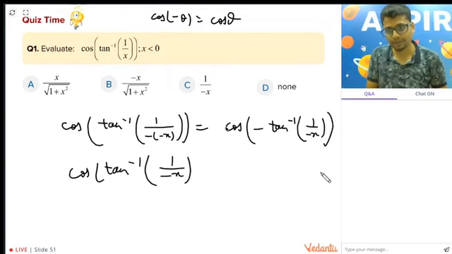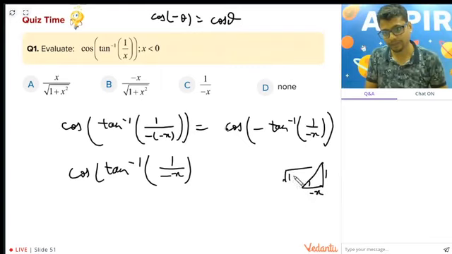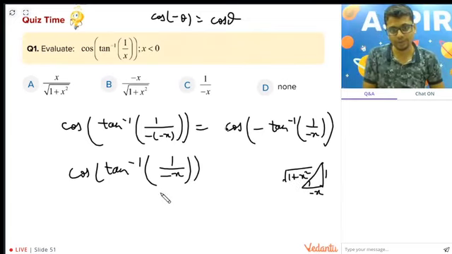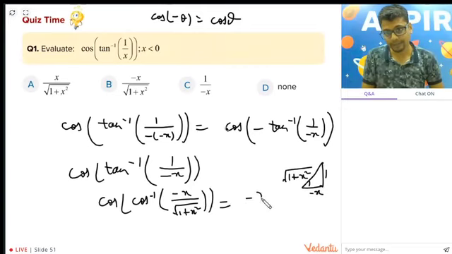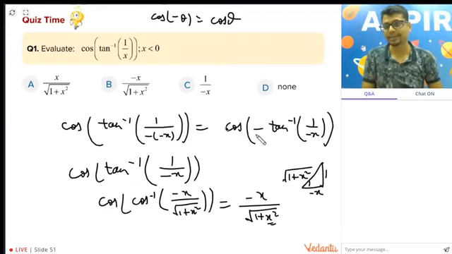Now this is like this: 1 is perpendicular, minus x is base. So hypotenuse is under root 1 plus (minus x) whole square, so it is under root 1 plus x square. So this becomes cos of cos inverse base upon hypotenuse, which is minus x divided by under root 1 plus x square. B is the answer. I hope everyone got it.